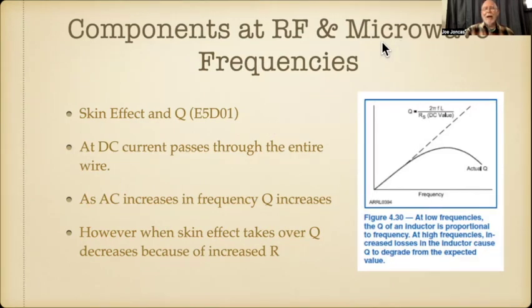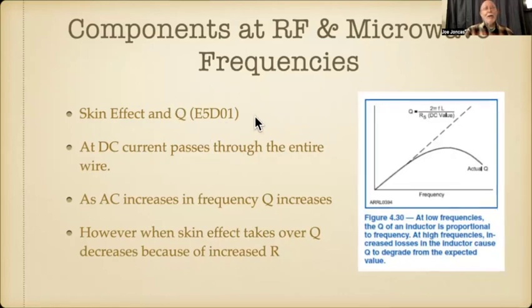Components at RF and microwave frequencies. Remember I talked about skin effect. That is a question. There are a lot more questions up here, but this is one I know that you should know and understand. If you do DC, it uses the whole wire.